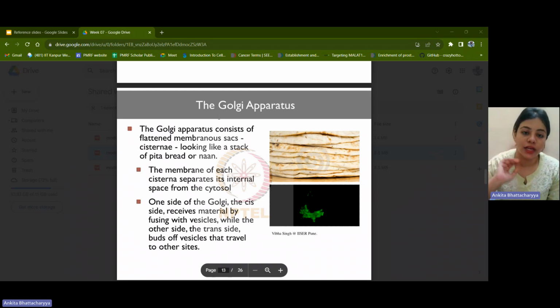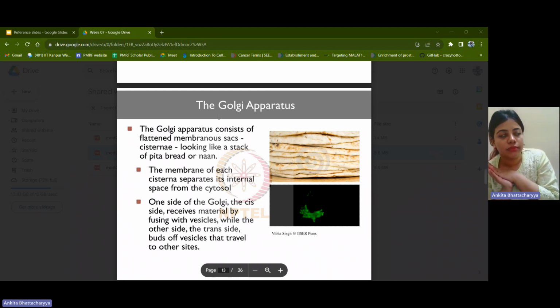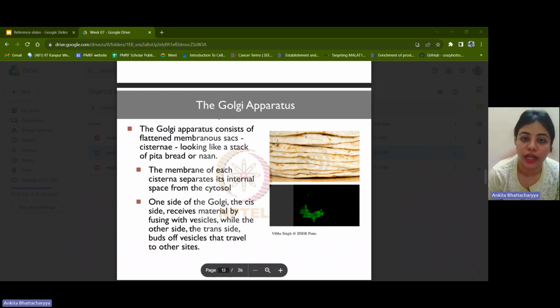So one side of the Golgi is the cis side, so we have cis, medial, trans. When you look at the Golgi, think about a stack of parathas. Imagine that you have a stack of parathas on your plate. So it has an orientation as well, right? There is one side of the stack that is facing the plate, the other side is facing the rest of the environment.